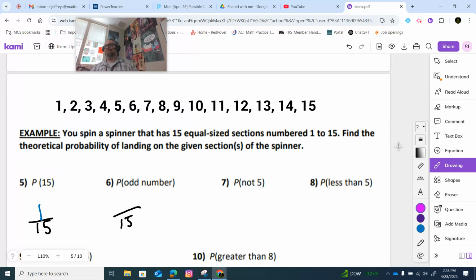I have to write it down. Okay. And some people kind of, again, picked on me for being a math teacher that can't do math in their head. I'm like, okay. Yeah. 1, 2, 3, 4, 5, 6, 7, 8. All right. So this happens 8 over 15 times. Now that doesn't reduce. So we just leave it.